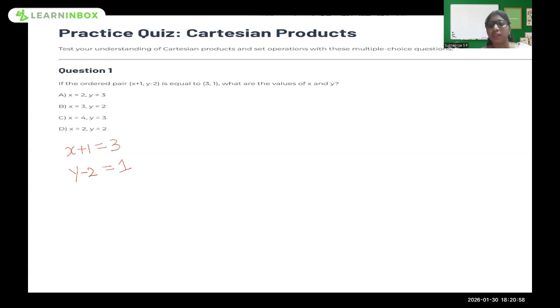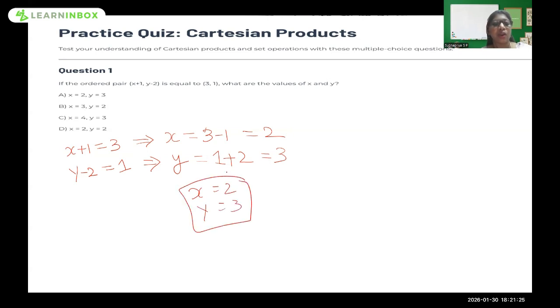We have to make it into equations. From our first equation, we can find x, which is 3 minus 1, which is equal to 2. And from our second equation, we can find y, which is 1 plus 2 equal to 3. Thus, we are getting our answer (2, 3). So, x is 2 and y is 3. Option A will become our correct answer.